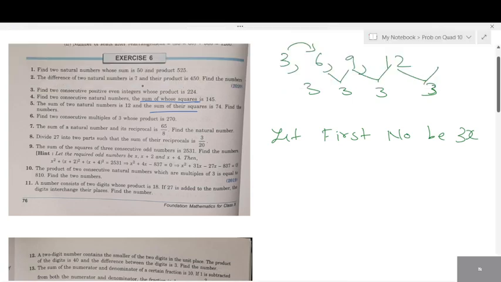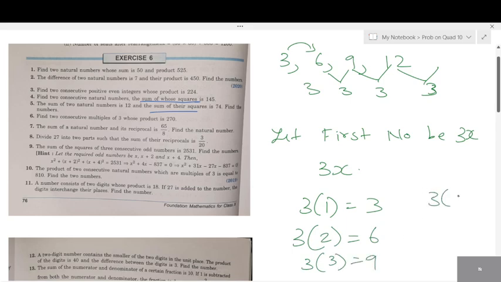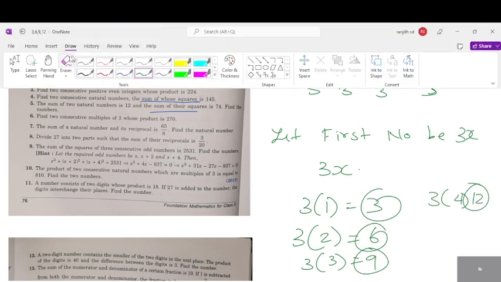When they ask for an even number, take 2x. When they ask for multiples of 3, take 3x. If you take 3x, in place of x you put 1, you'll get 3. Put 2, you'll get 6. Put 3, you'll get 9. Put 4, you get 12. All these are multiples of 3, right? 3, 6, 9, 12. So that's the reason.